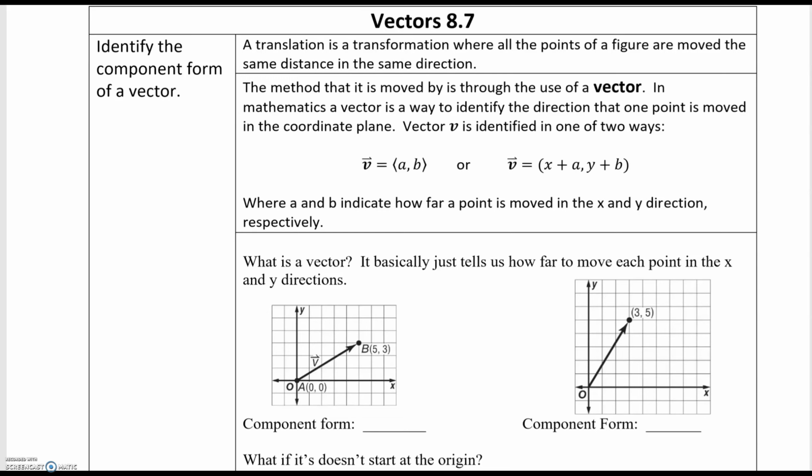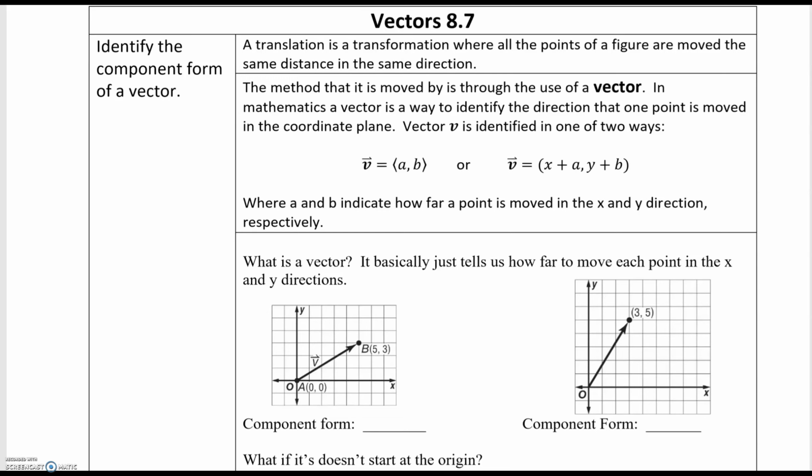So this fancy V is identified in two ways. We can have these little pointed brackets, not parentheses, with an A and a B. This A is however much we are moving left or right.